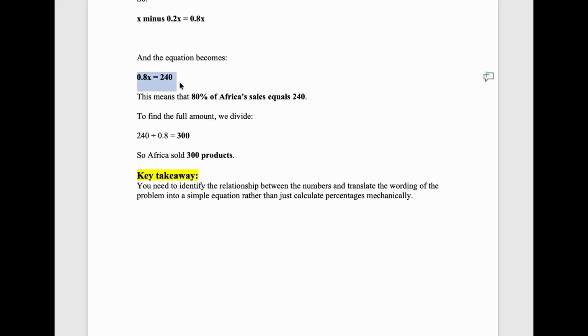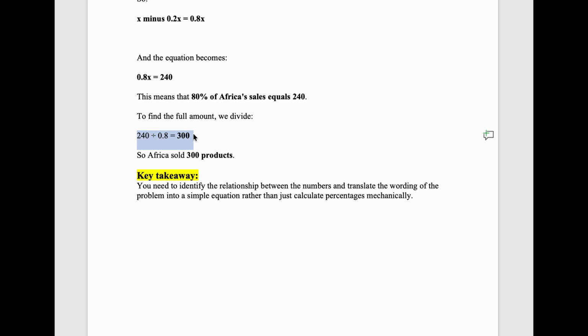So it means that 80% of Africa's sales equals 240, right? I mean, that's pretty logical. So to find the full amount, we just have to divide 240, the 20% of 1,200, which was the sum of the items relating to the 3 continents we already had, by 0.8, which means we get to 300, right?